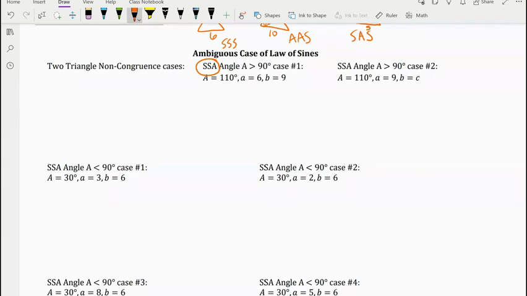I've said this weirdly. I said two triangle non-congruence cases, and what I mean by that is when you have an obtuse angle, and then you can also have an acute angle.